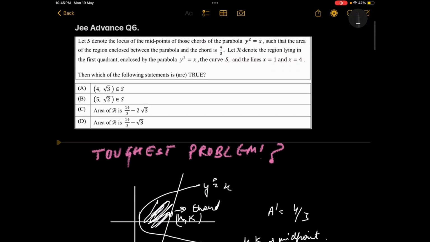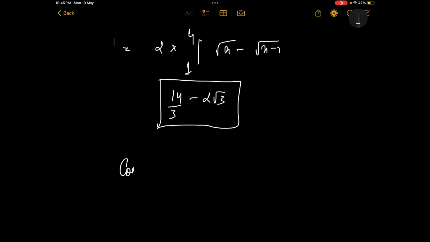Now, going back to the options, the curve was y squared is equal to x minus 1. Substituting for option A, we get y squared is equal to 3, so y is equal to plus minus root 3. So the correct answer for this problem will be A and C.